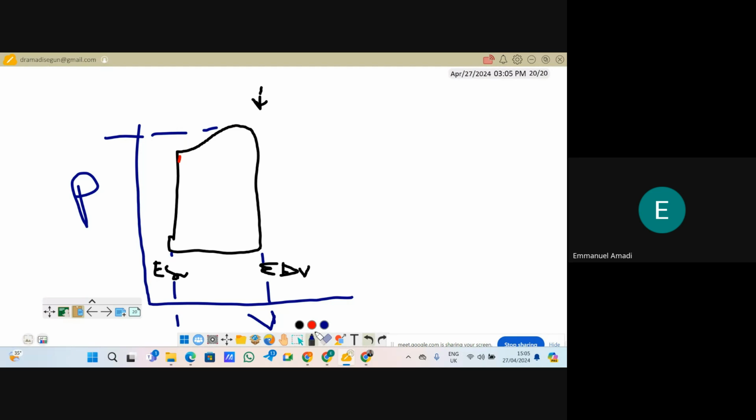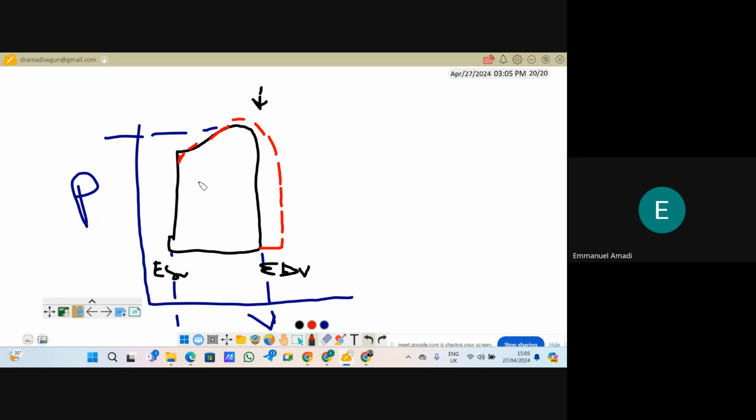So if I give a patient normal saline, it can do something like this. The black is the normal. Normal saline can do something like this. Now, what does this thing imply?